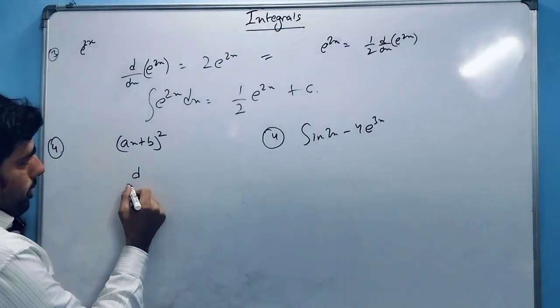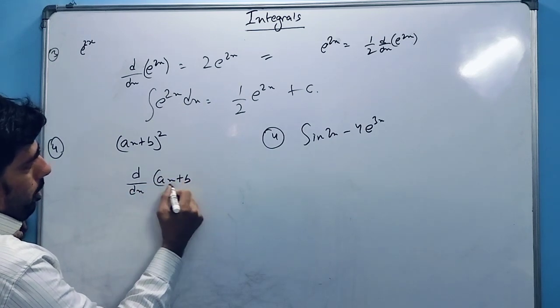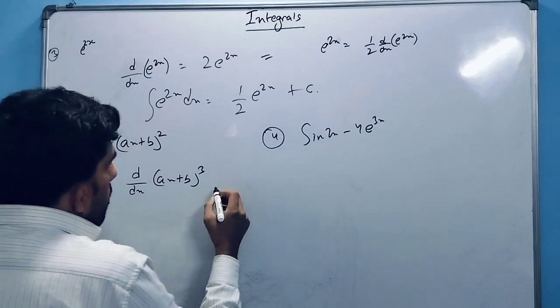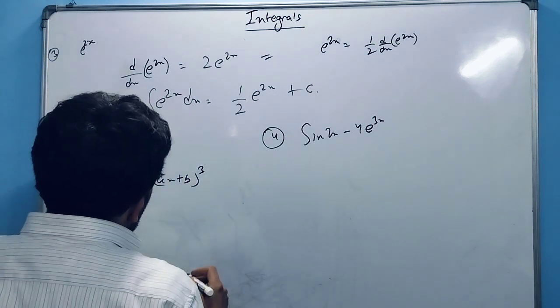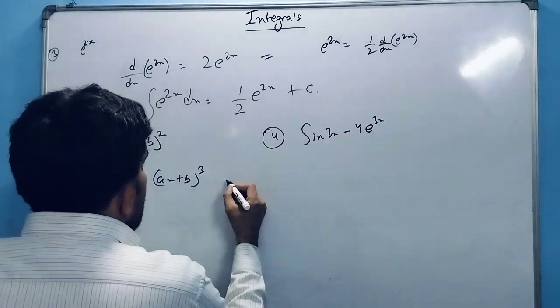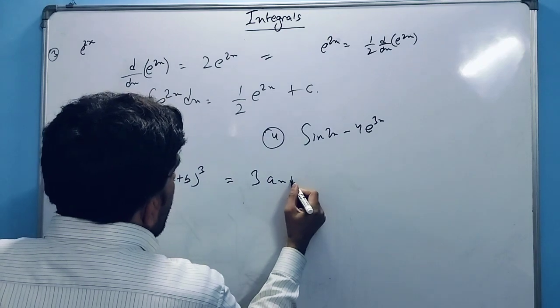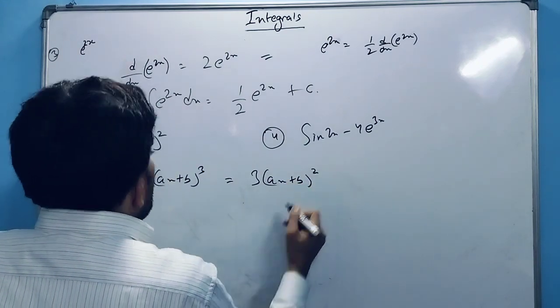Differentiation of (ax plus b) whole cube will be 3a(ax plus b) whole square.